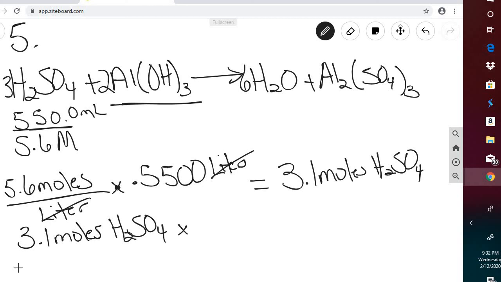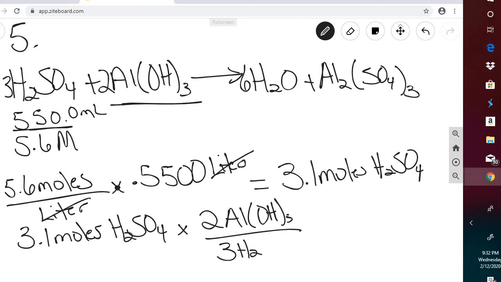And there are 2 aluminum hydroxides for each 3 H2SO4. Okay, so the H2SO4s cancel. 3.1 times 2 divided by 3 will give us 2.1 moles of aluminum hydroxide.